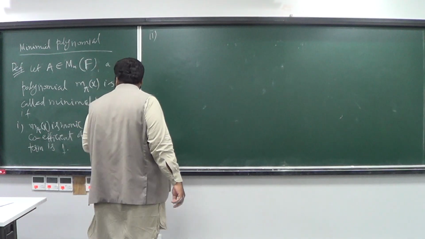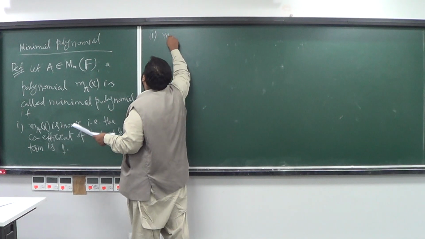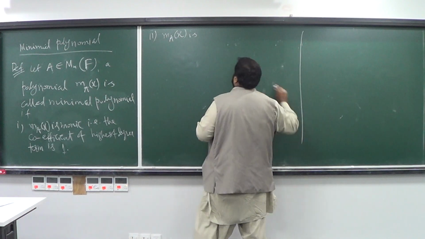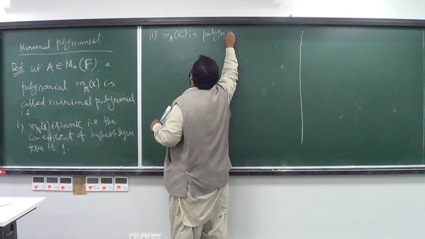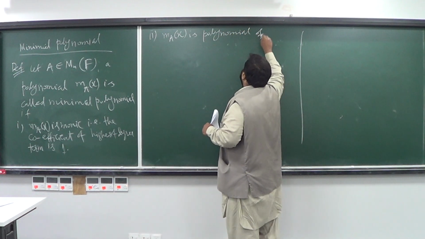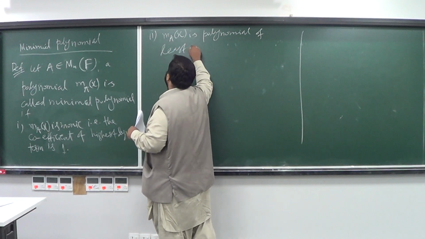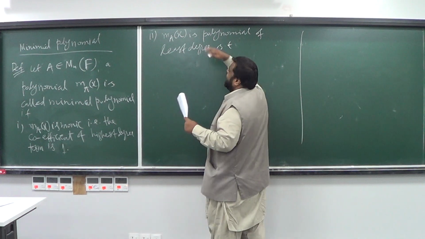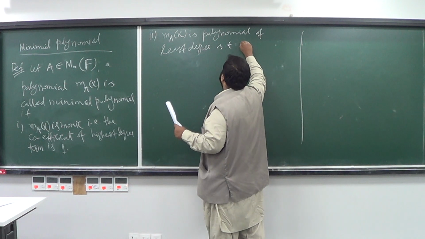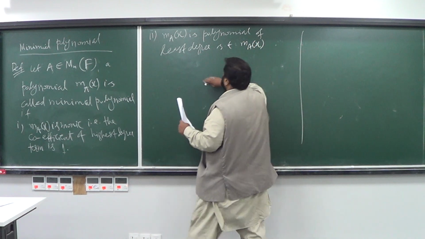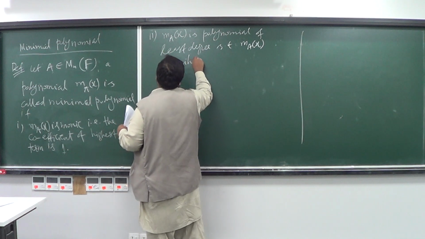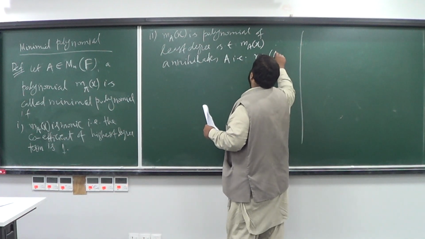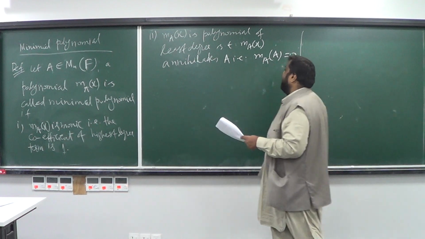The second, important thing is that M_A of x is a polynomial of least degree, the smallest degree, such that it annihilates the matrix A. That is, in this polynomial, if you substitute A, you're going to get 0.